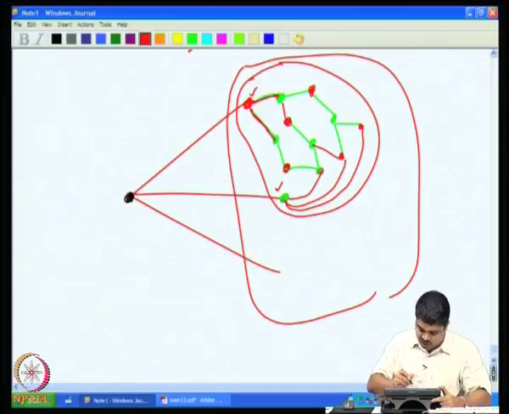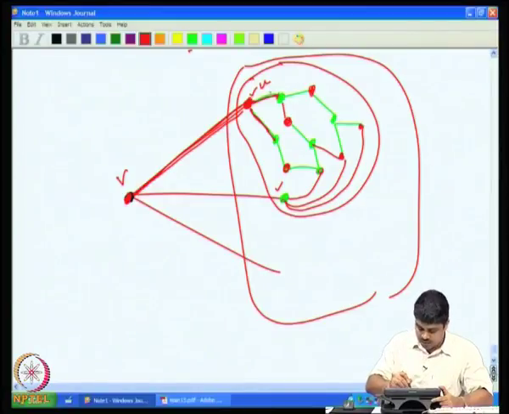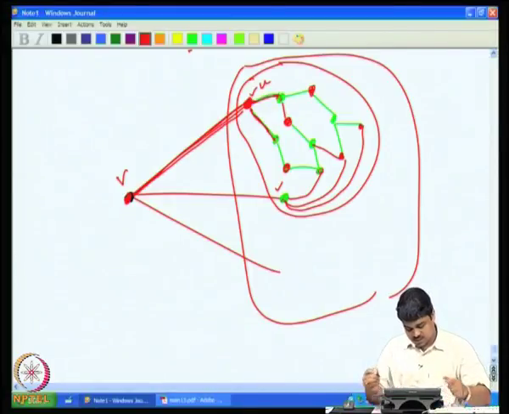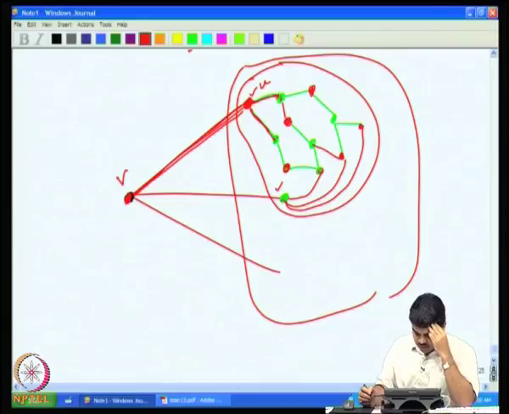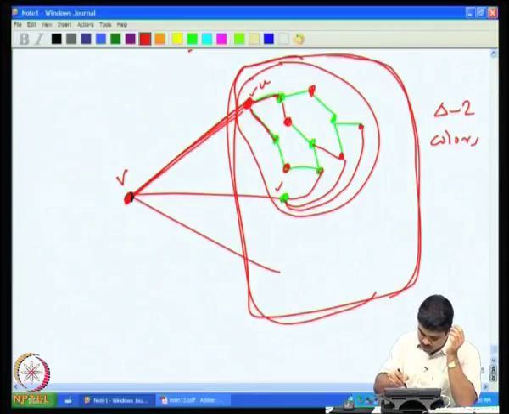Now one edge is towards this outside vertex, this v, right? So this u can have at most delta minus 1 neighbors here, and if two of them have the same color, only delta minus 2 colors will be used in its neighborhood. Only delta minus 1 neighbors are there in this subgraph, right?